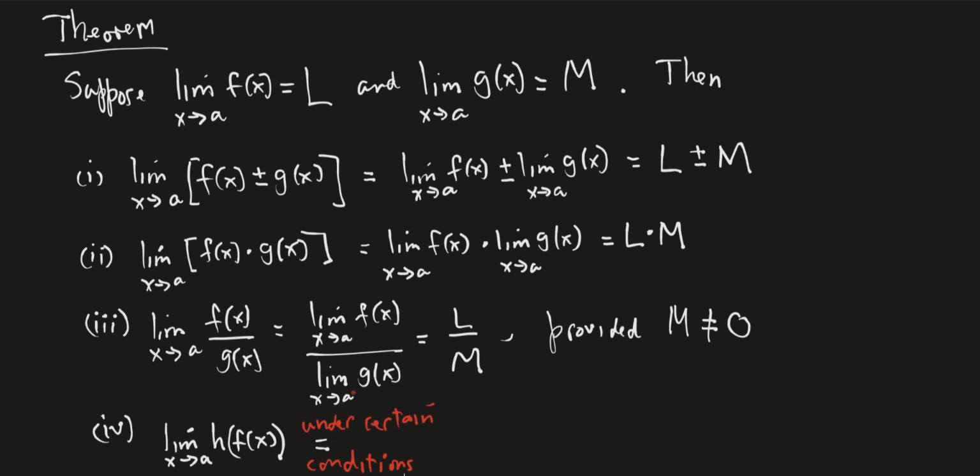But under certain conditions, what you are allowed to do is essentially pass the limit through h and then put it in front of the f of x in parentheses. So it looks like this. So it's the limit as x approaches a of f of x. So that's kind of the mental step here.